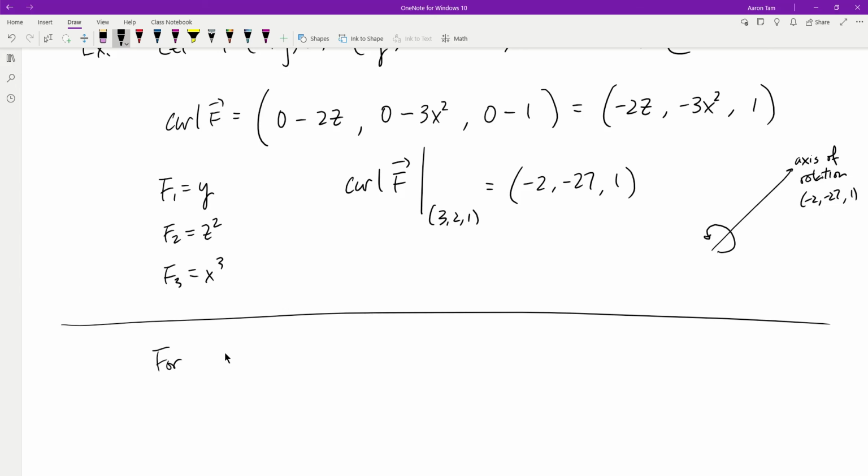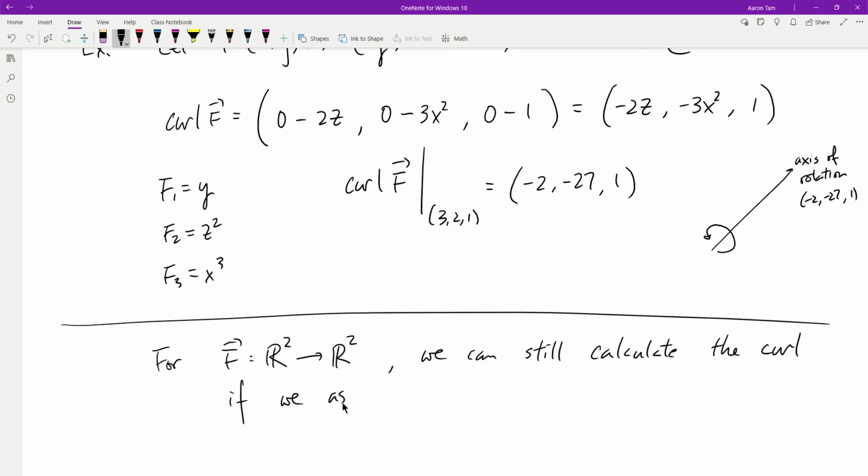So for a function f that maps from R2 to R2, we can still calculate the curl if we assume the vector field is just on the xy plane, which means the third coordinate is actually 0.